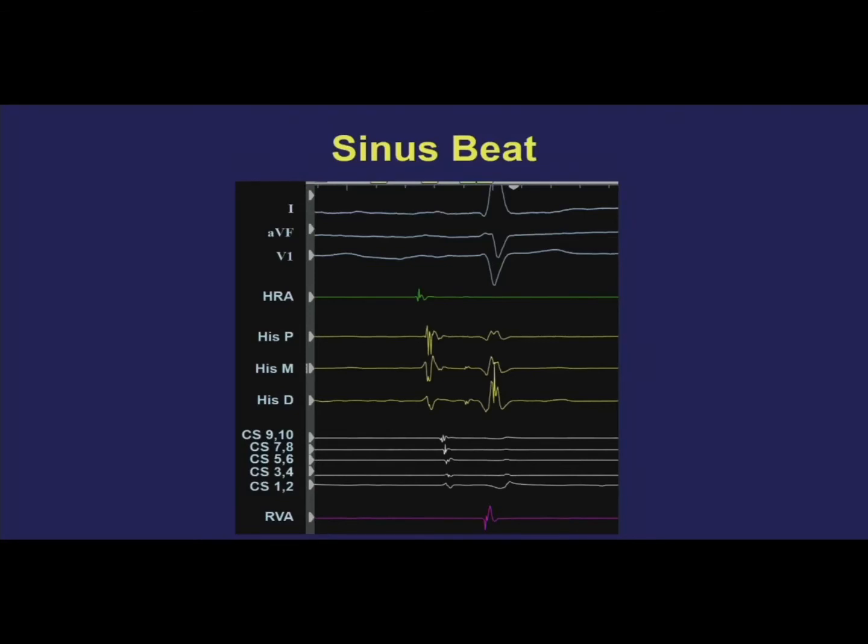Do you think the slow pathway potential, as you're doing slow pathway ablations, may represent anisotropic conduction? Interestingly, I'm not sure personally that I've seen a signal that I'm convinced is a slow pathway signal, but there's no question that in the little isthmus in front of the coronary sinus and above the tricuspid annulus, this corridor, as we'll talk about tomorrow, is where the slow pathway is located.